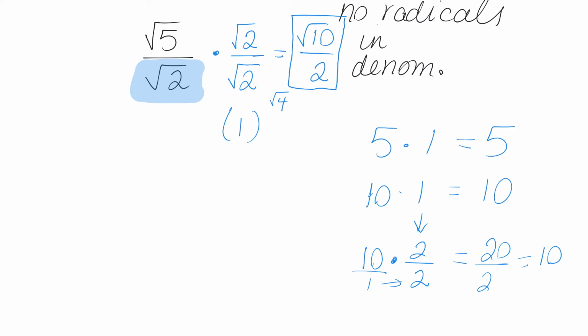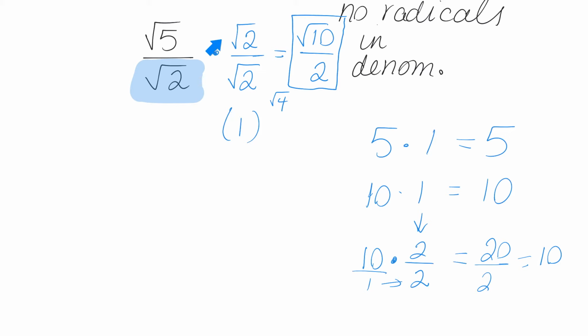So let me say that one more time. The goal was to rationalize this function to get rid of the radical in the bottom. We want our denominator to be free of radicals. To do that, I took the root in the denominator, and I multiplied by it over itself because that's the same as multiplying by 1.